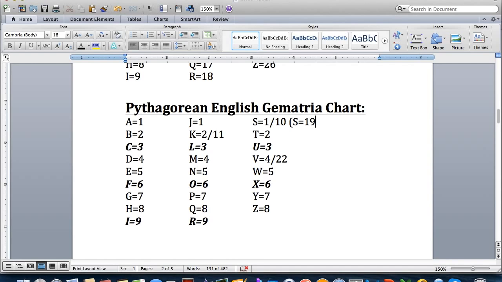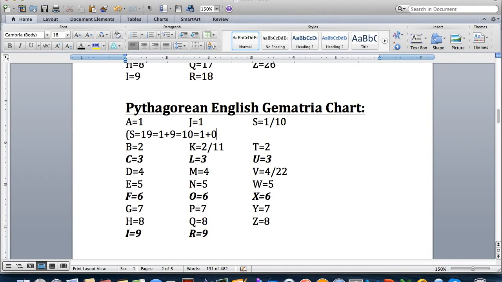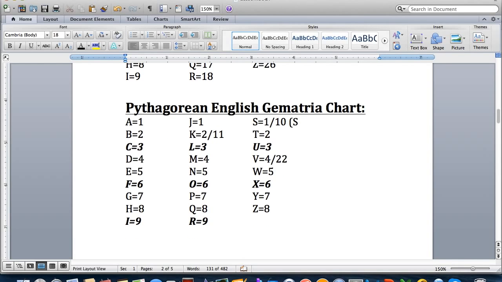S is the 19th letter. 1 plus 9 equals 10, and then you have to do it again. 1 plus 0 equals 1. So S in this regard can be 1 or 10. Just remember that S, K, and V all have special properties. The rest of the letters all need to be reduced to a single digit every time in this method.